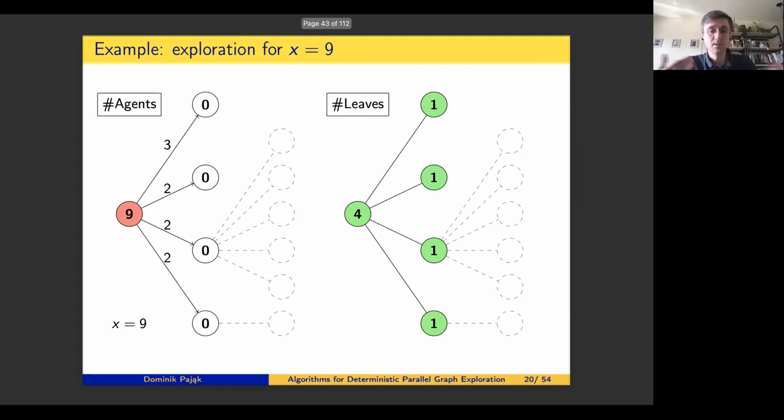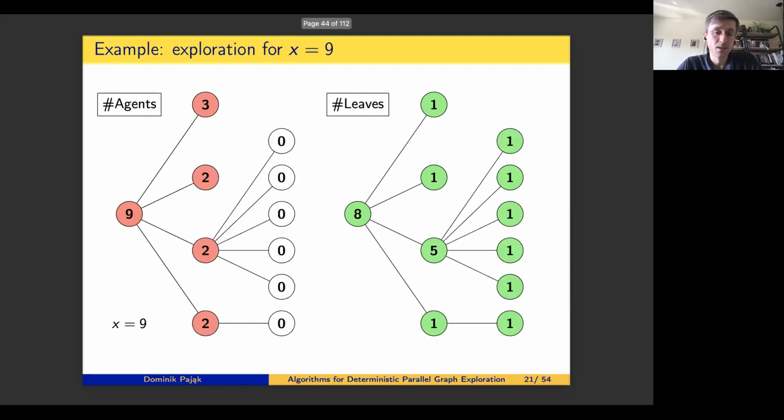So we first divide the wave equally to every neighbor. And after step 1, we discover that actually one of the subtrees is much larger. So in the second wave, we send more. And after 2 more steps, we complete the exploration. So this is basically a very simple idea how to explore a tree.